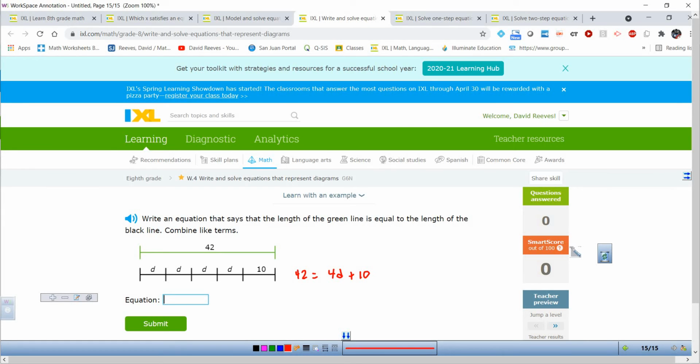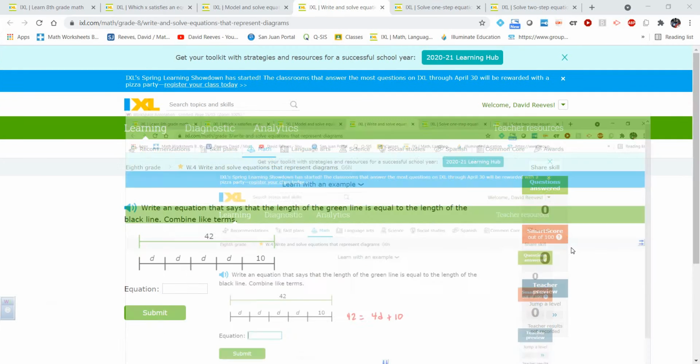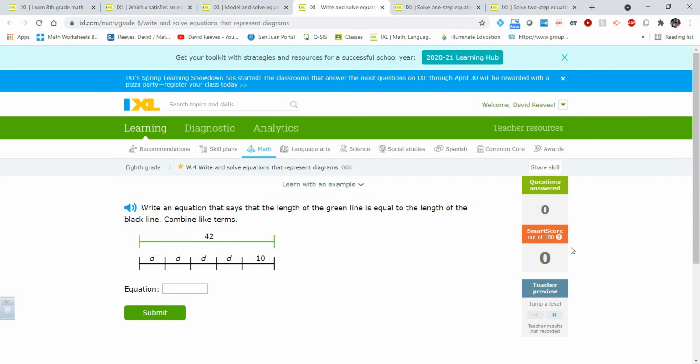We're going to combine those like terms, and we're going to get, all right, 4D. By the way, you can put it in either order. It says the length of the green line is 42, is equal to 4 of those D's, all right, plus 10.